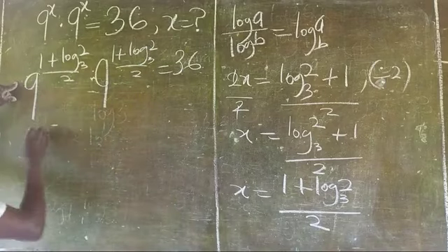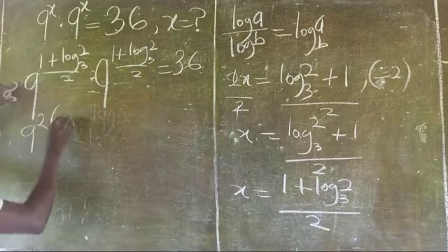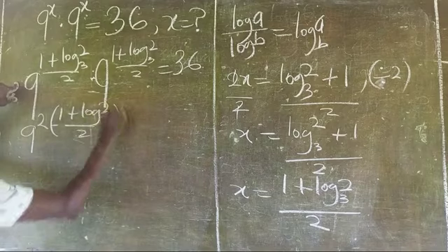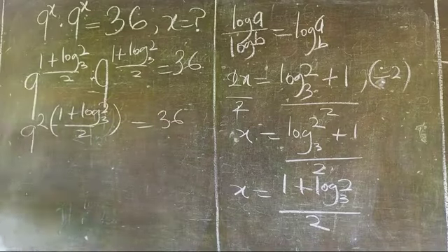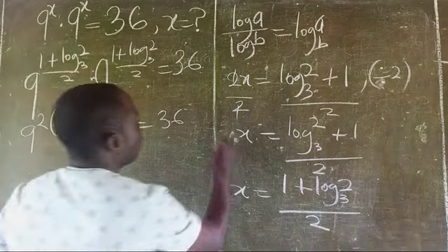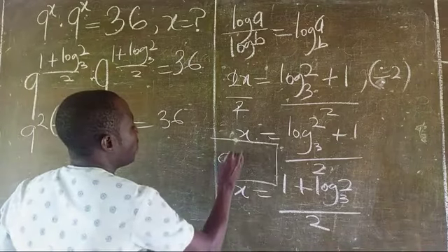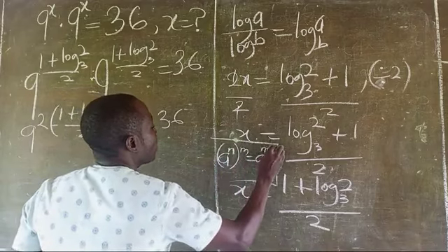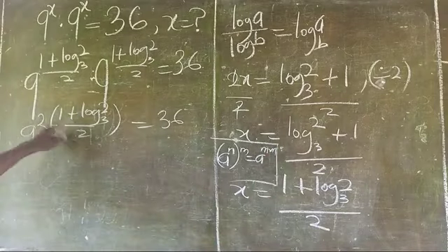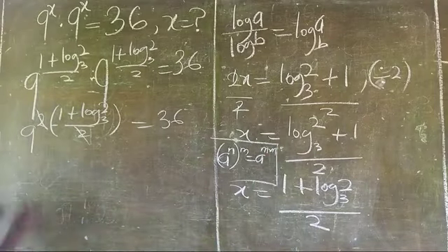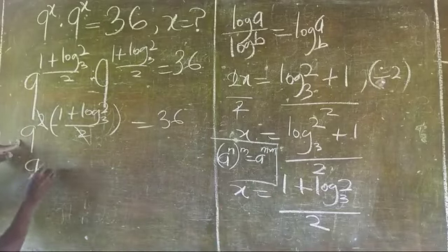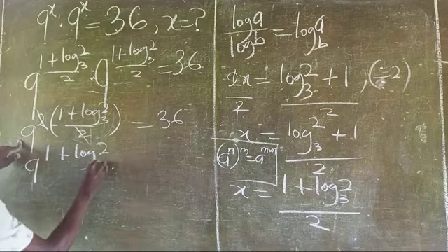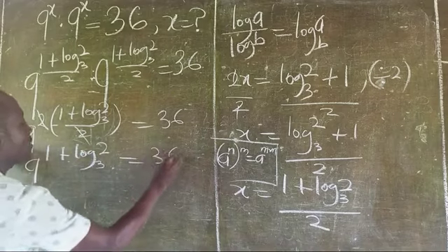And this becomes 9 raised to power 2 times 1 plus log 2 base 3 all over 2 equals 36. And if you remember, when we have a raised to power m, raised to power n, it is the same thing as a raised to power m times n. So we are going to do this. That is why this can cancel out. It will now be left with 9 raised to power 1 plus log 2 base 3 equals 36.